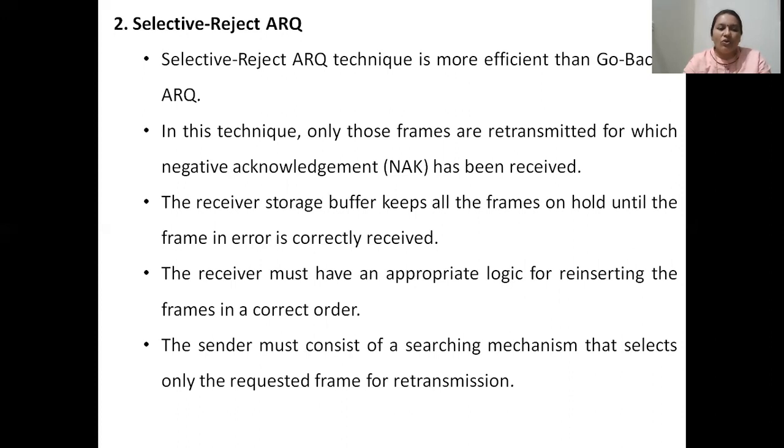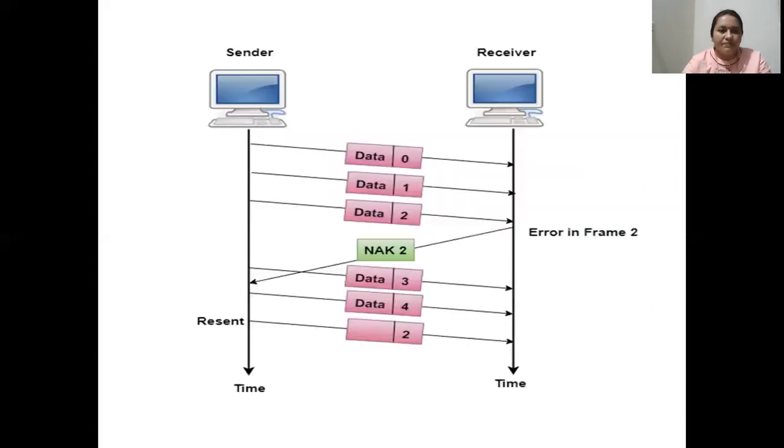Instead of sending the whole window of frames pointed to by the sender window, it has to identify only that frame in the window which was erroneous and retransmit it. So the sender and receiver nodes have to incorporate this intelligent logic.